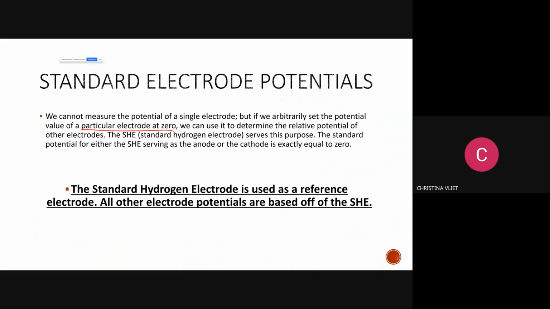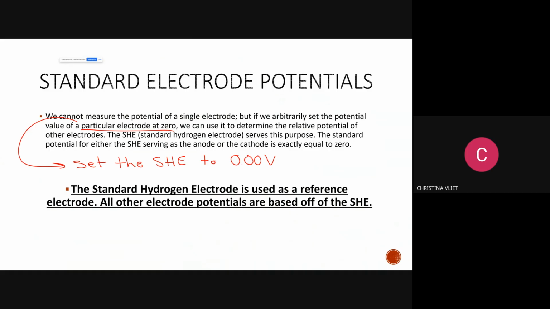So the idea is that we set the SHE as our baseline to 0. That's what we call 0. And then if you measure the potential of anything versus the SHE, you're going to find out whether it's relatively oxidized or relatively reduced. And you'll find out what the voltage value is in comparison.